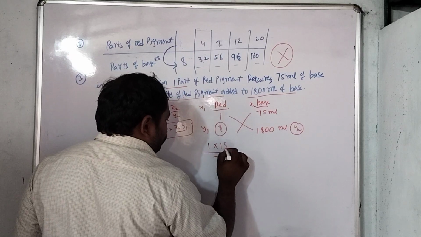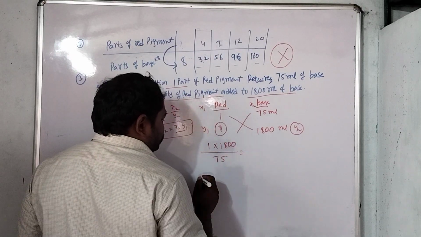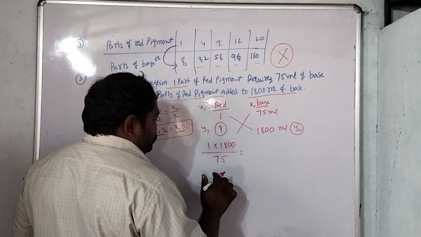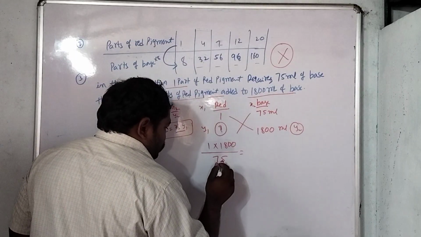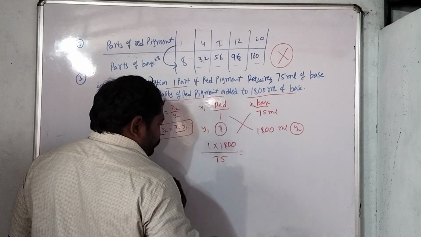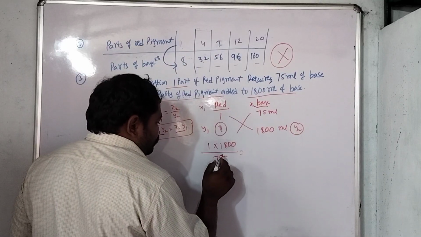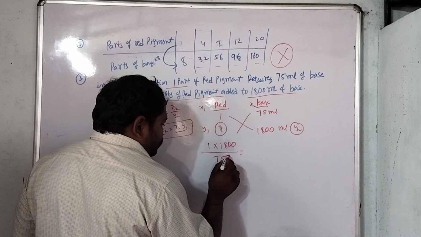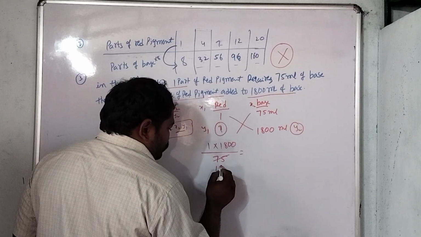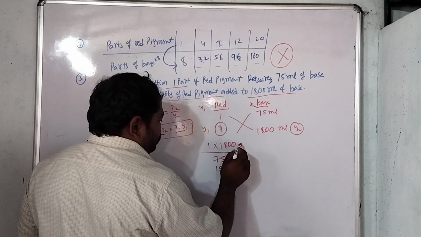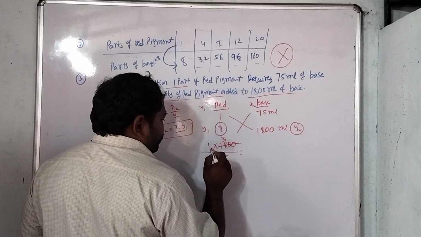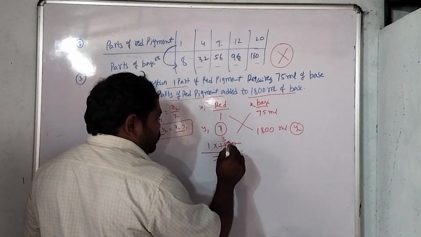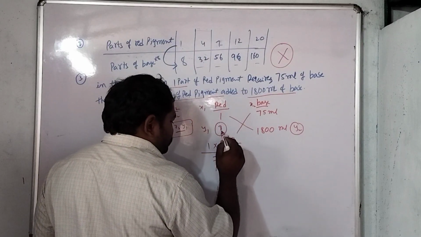1 into 1800 equals, after cancellations, 75. 5 1s are 5, 2 carry, 5 5s are 25, 5 3s are 15, 3 carry, 5 6s are 30, 360.